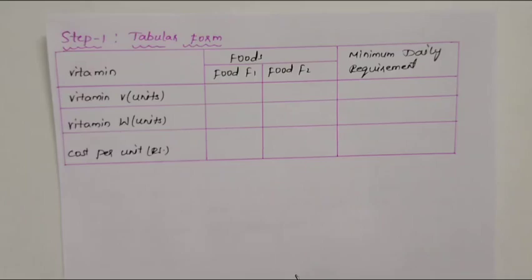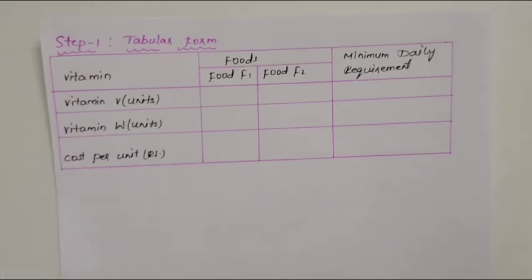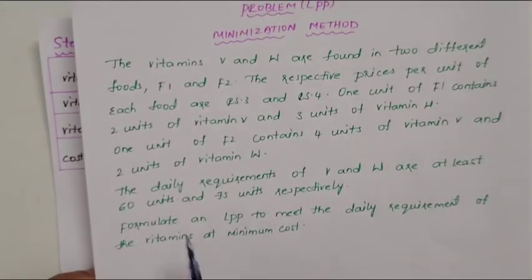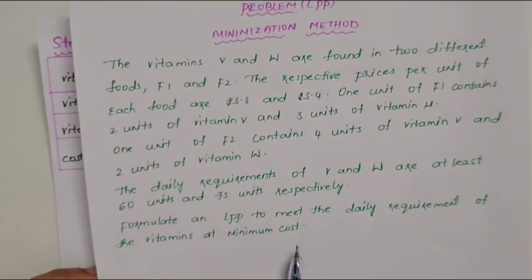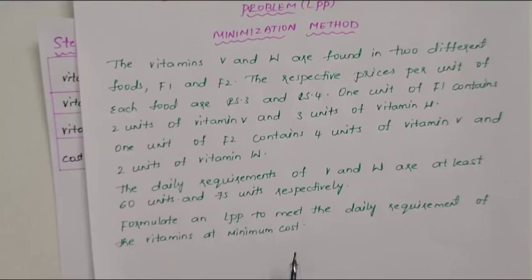In this question, the words daily requirement, at least, minimum cost are clearly mentioned. These keywords tell us that we have to satisfy the required amount of vitamins while keeping the total cost as low as possible. Therefore, this is a minimization problem.